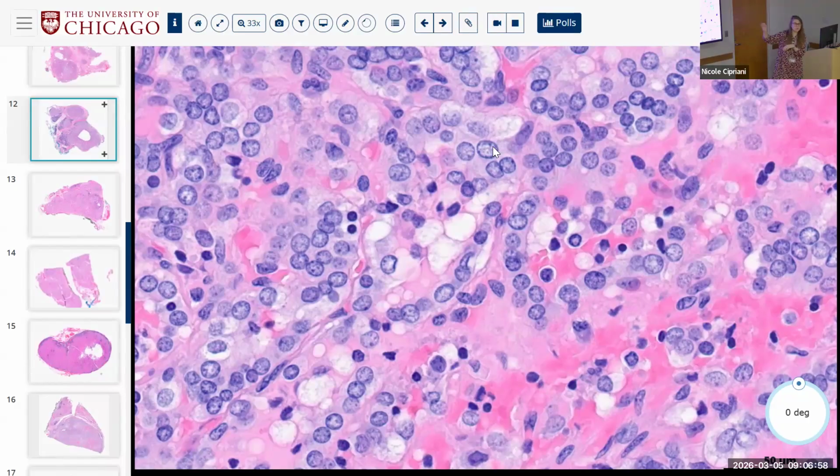The NTRK ones, if you look at my presentation, are sort of slightly BRAF-like to slightly RAS-like, according to the molecular profile, right? So they're not overtly BRAF-like and they're not overtly RAS-like. They're kind of somewhere in the middle, okay?